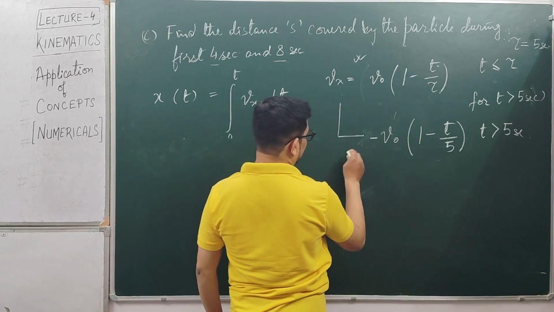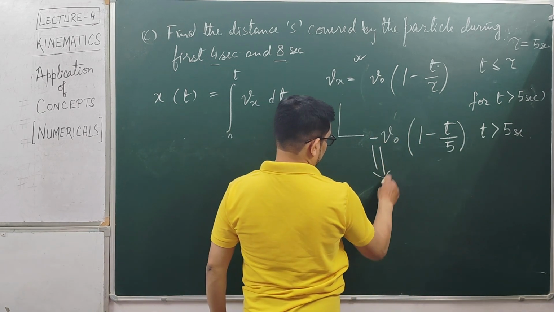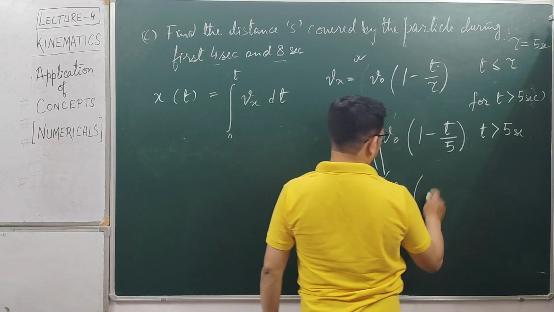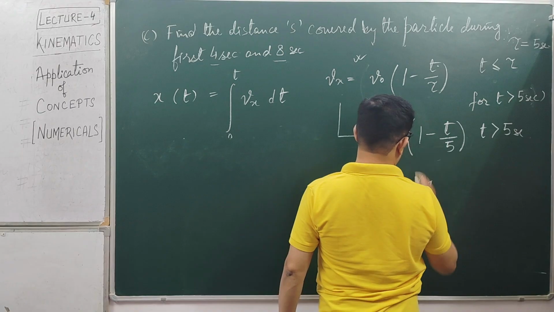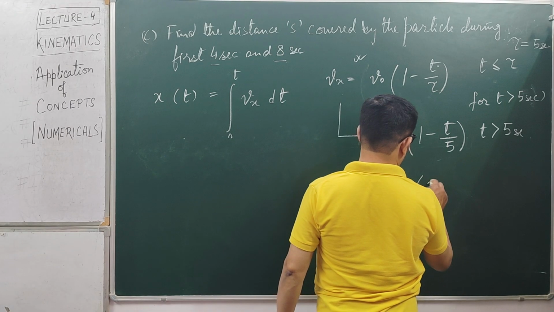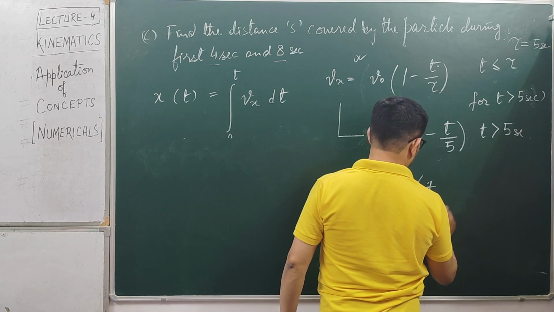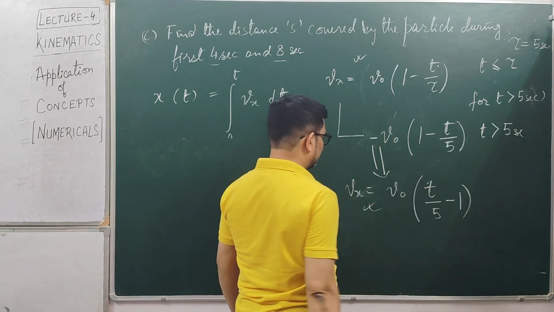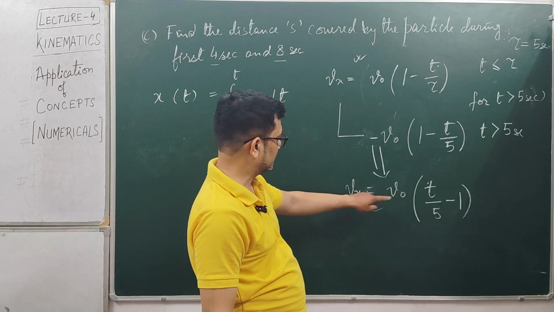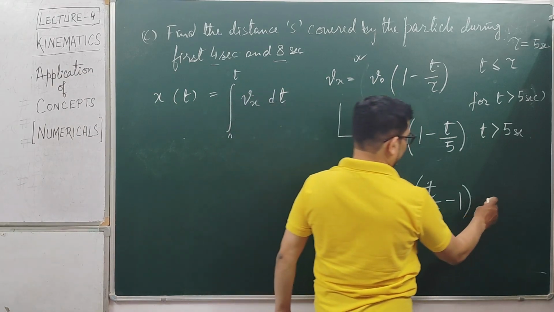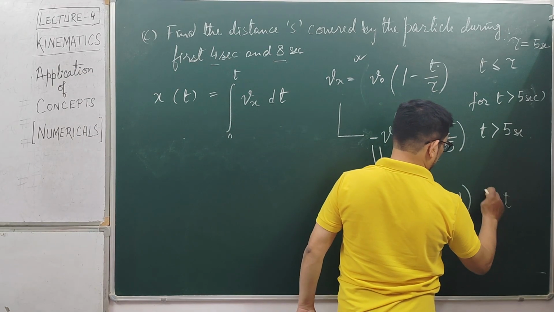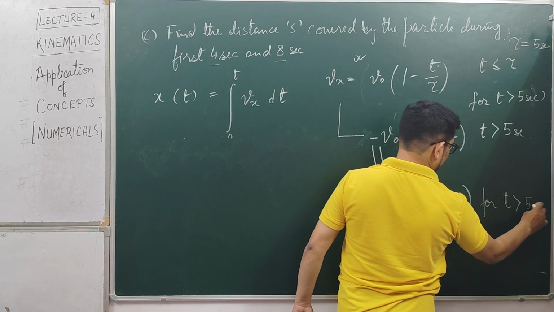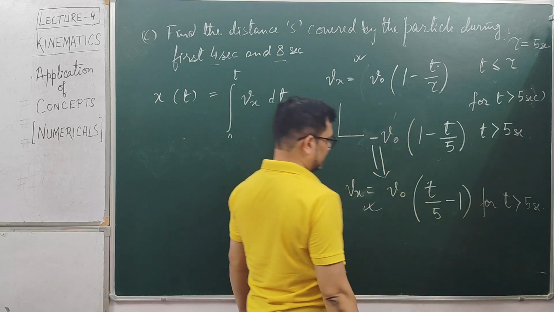So if you open the bracket, Vx would become v naught times (t over 5 minus 1), since minus and minus would become plus. This is going to be the velocity as a function of time when you get a situation that is for t more than 5 seconds, which is 8 seconds.